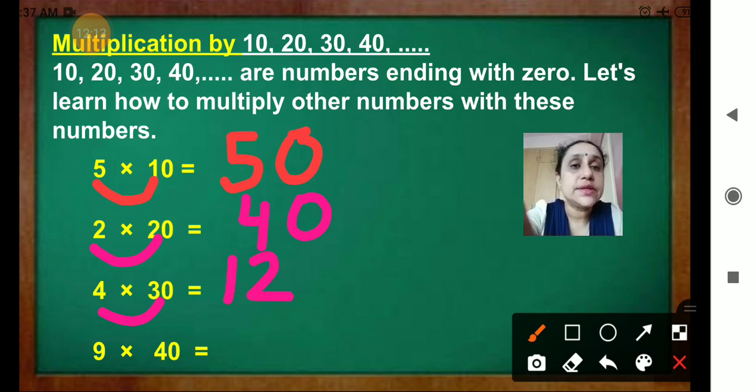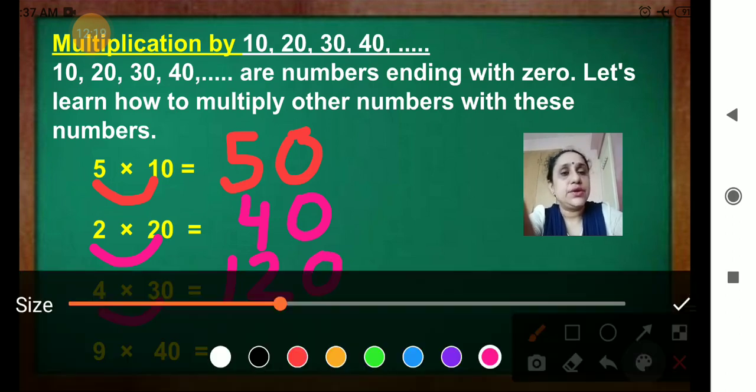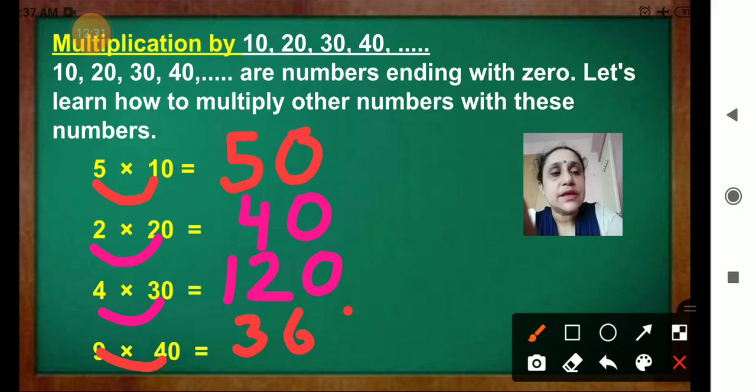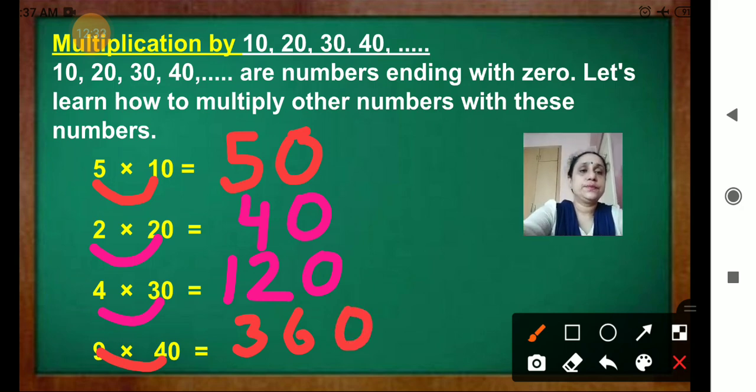And how many zeros are there? 1. So write 1 zero. Now 9 multiplied by 40. So do 9 fours are 36 and 1 zero. Have you understood? Okay.